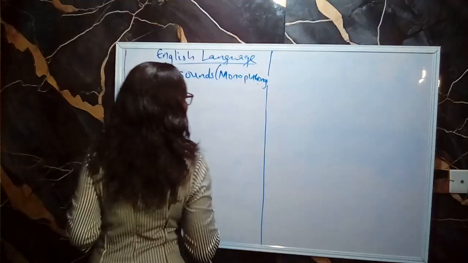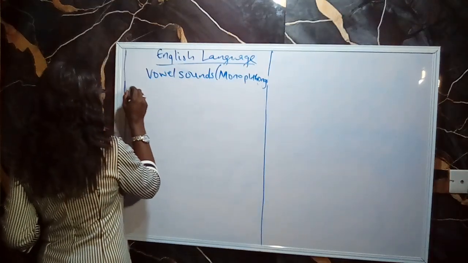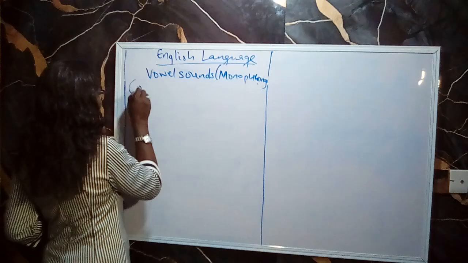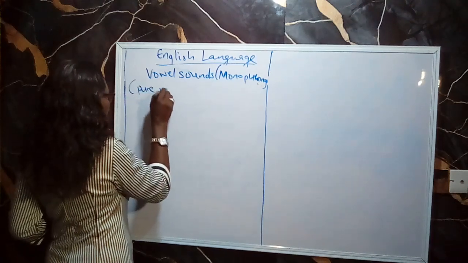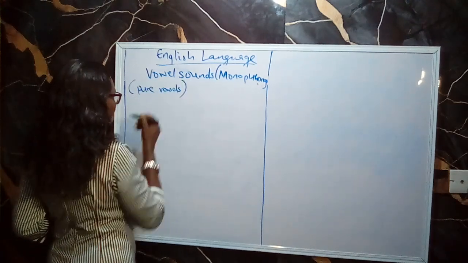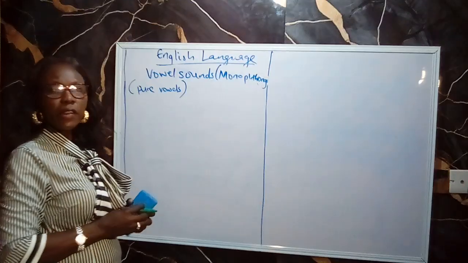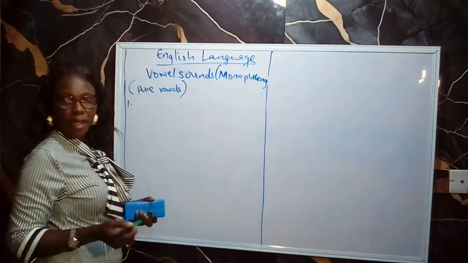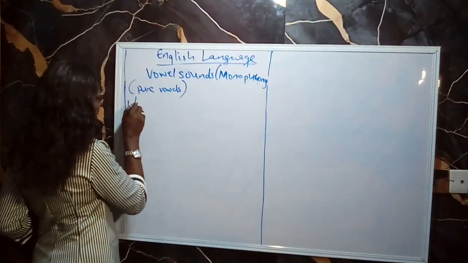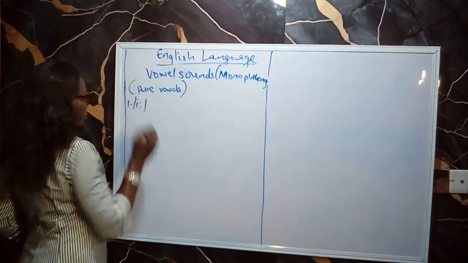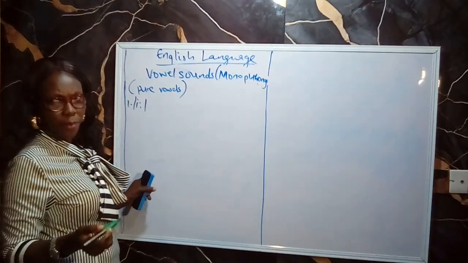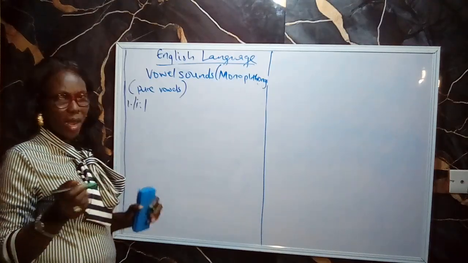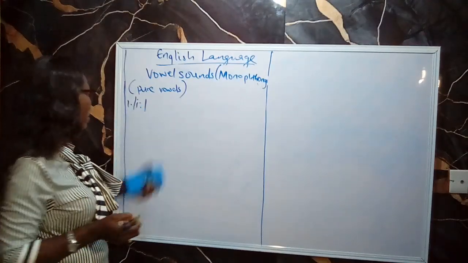Monophthongs, that is, we also call them pure vowel sounds. So in the vowel chart we have the first one, there is the sound ee. You can pronounce after me. Okay, I will give you the words that you can see under this vowel sound.